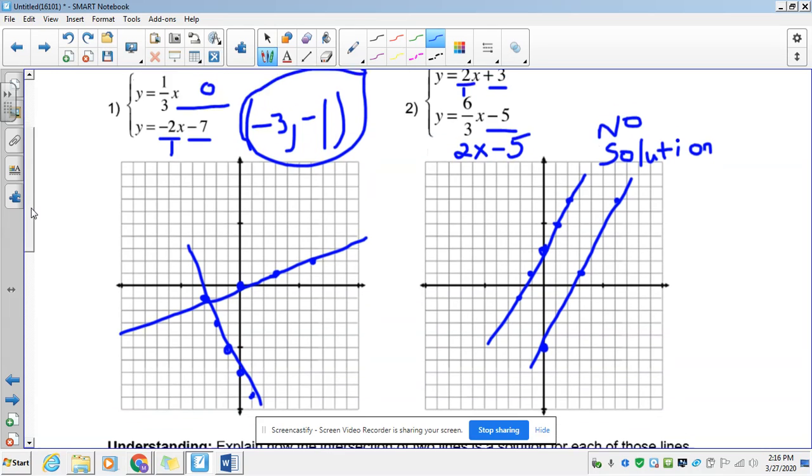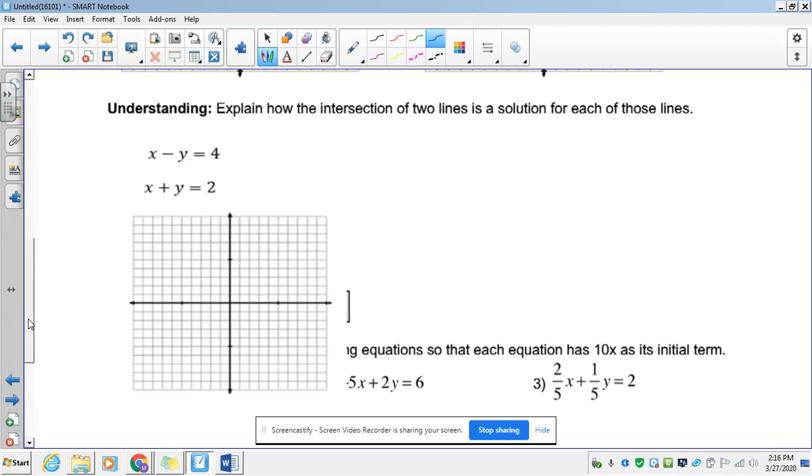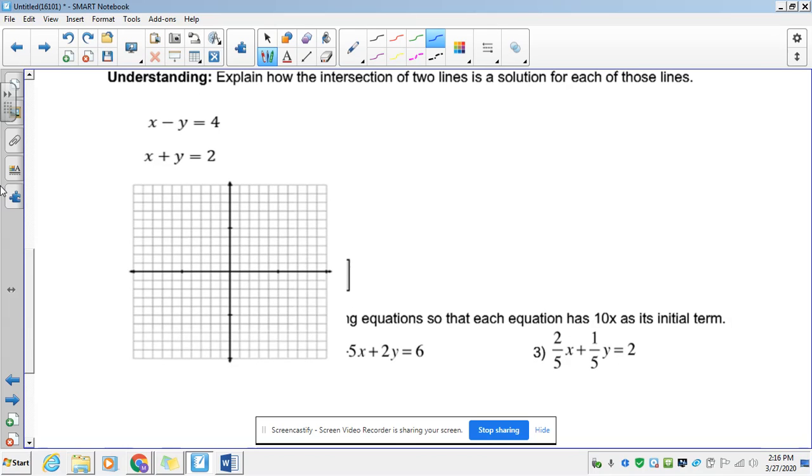Okay, so now let's look at that final example. On that final example, you have your x and your y intercepts. So I'm going to take the x. This is both standard form. So the best thing to do is to separate. X equals 4.